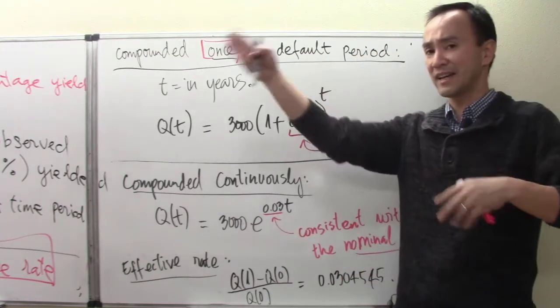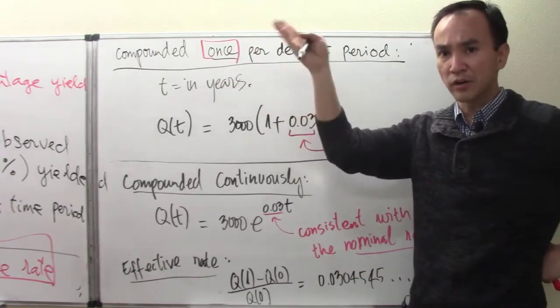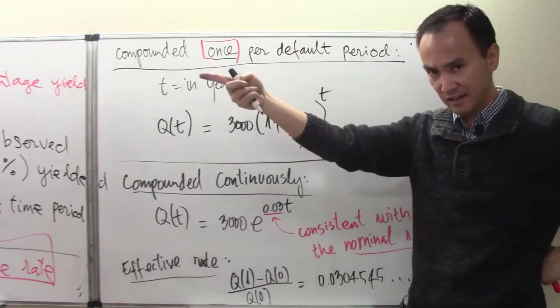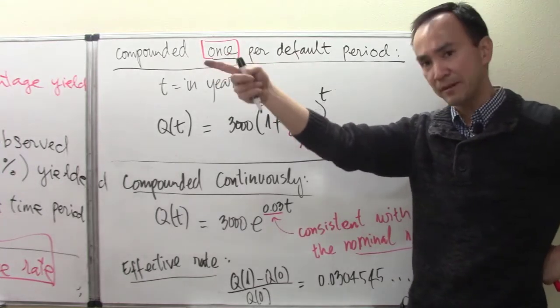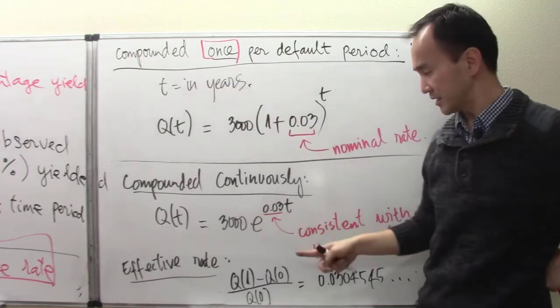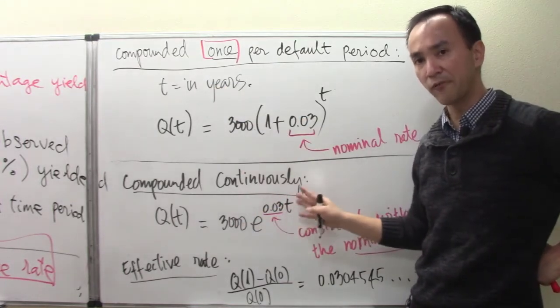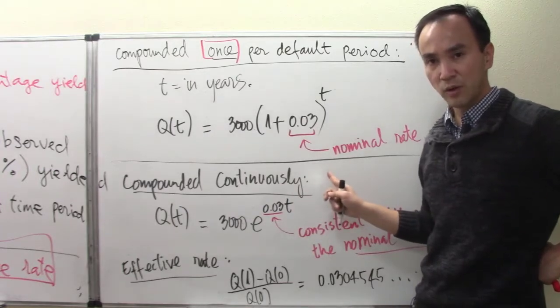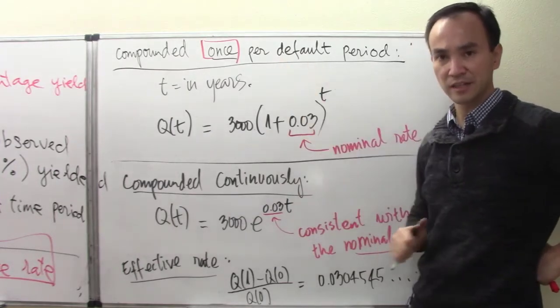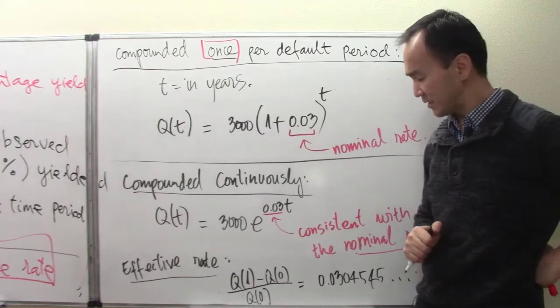Just like how I was pointing out, APY or MPY is a lot of times higher than APR or MPR, because we compound more frequently in one default time period than just one time. That's the reason why.